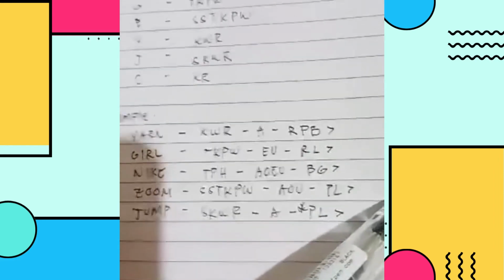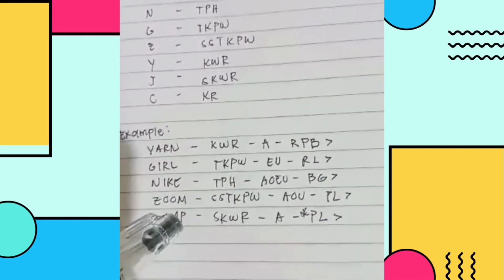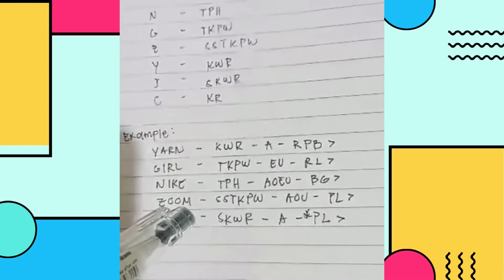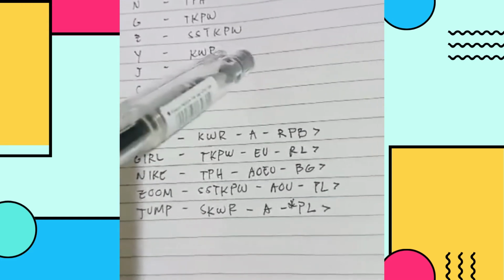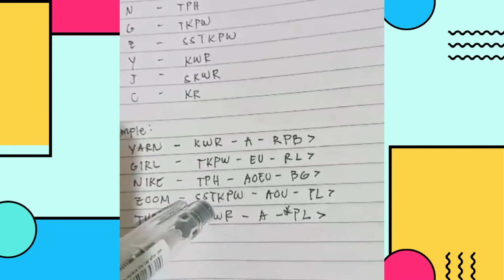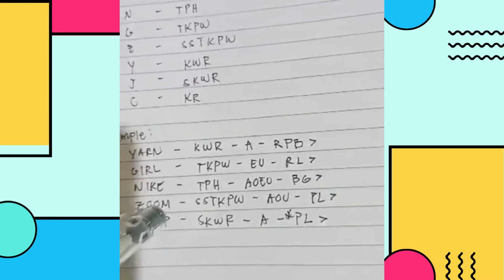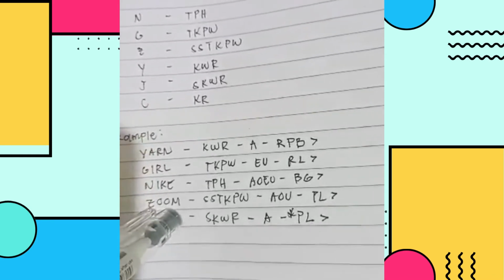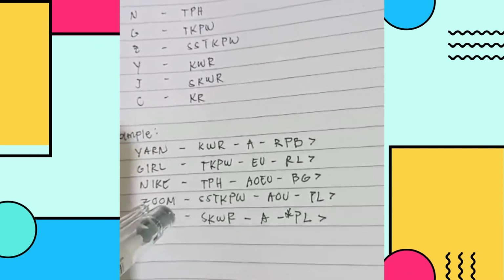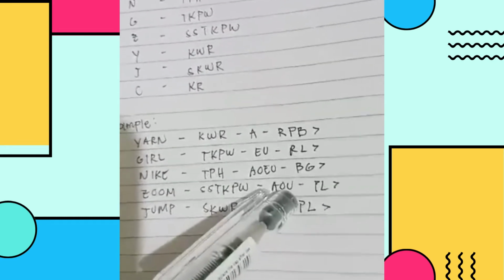Then release. Our next example is the word zoom. The code of letter Z is SSTKPW. So you need to write the SSTKPW here. Next, the vowel of zoom is long O. The code of long O is AOU.